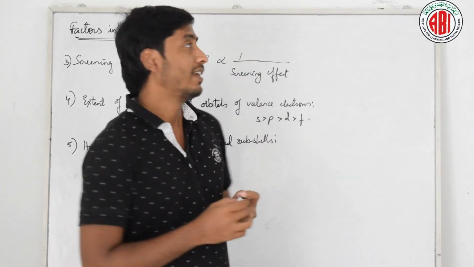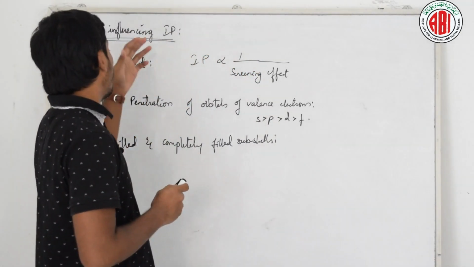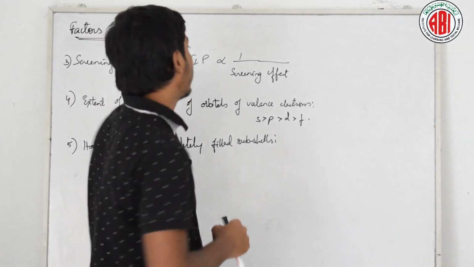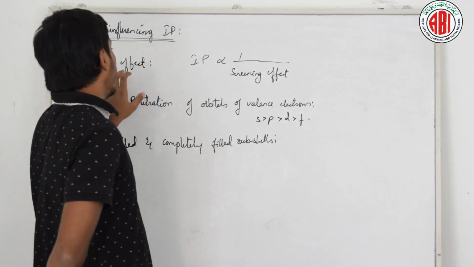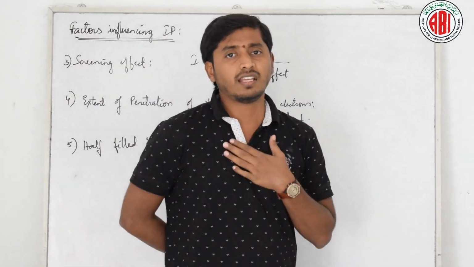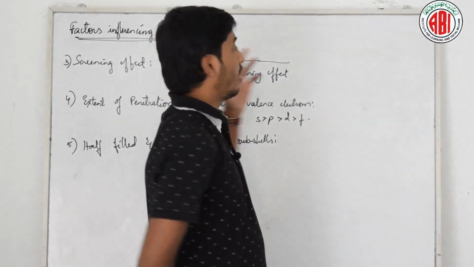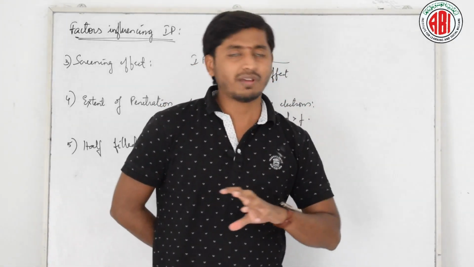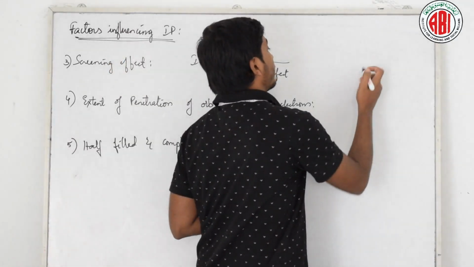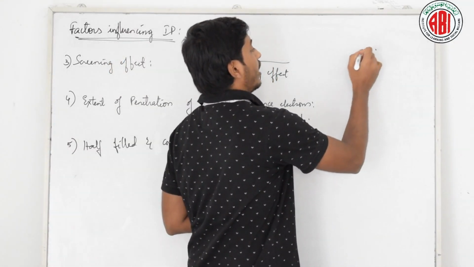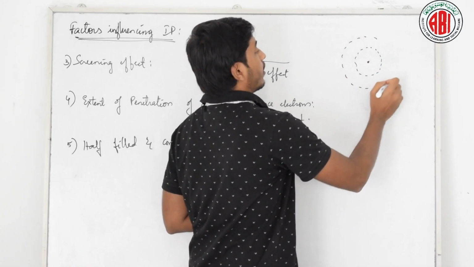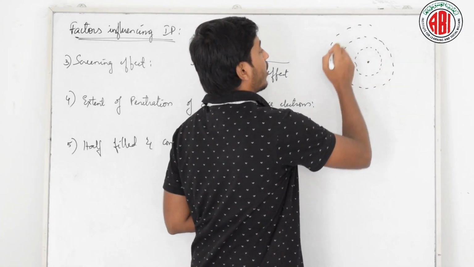On the same lines, let us discuss a few more factors which influence the IP, that is the screening effect, or shielding effect. What does this mean? See here, let us assume an atom is spherical in shape, which means the electrons will be revolving in circular orbits.